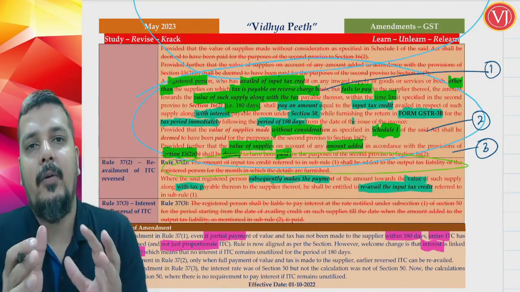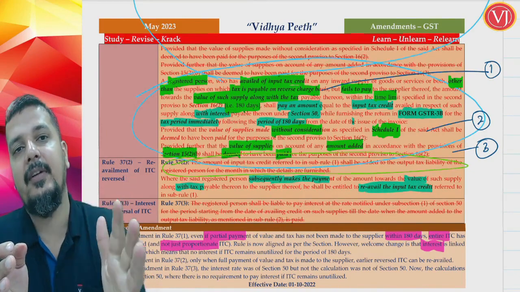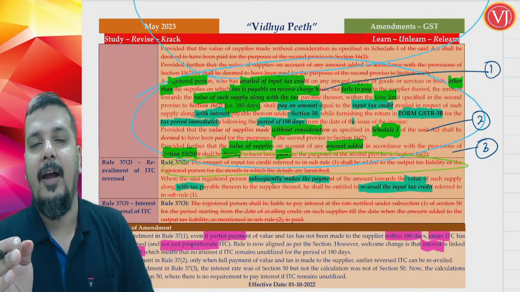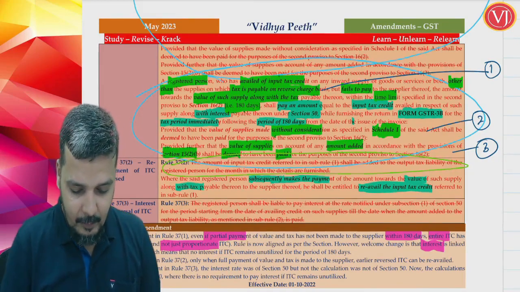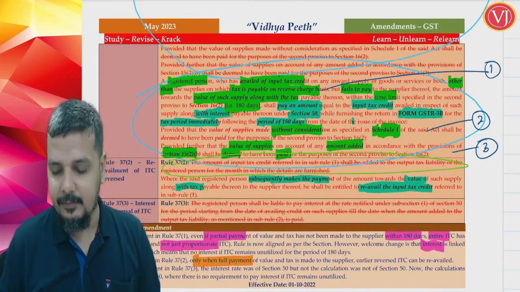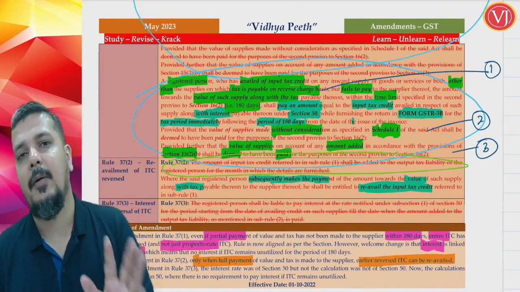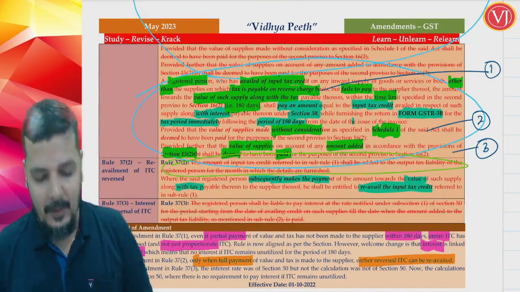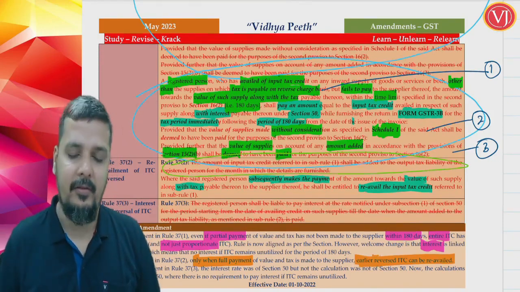So what are they trying to tell? Even if a small payment is not made within 180 days, first fully reverse the entire ITC with interest. And only when you make the entire payment, only and only when you make the full payment, whatever ITC was reversed earlier, you will be re-availing it, and forget about interest. Interest paid in between was a cost.